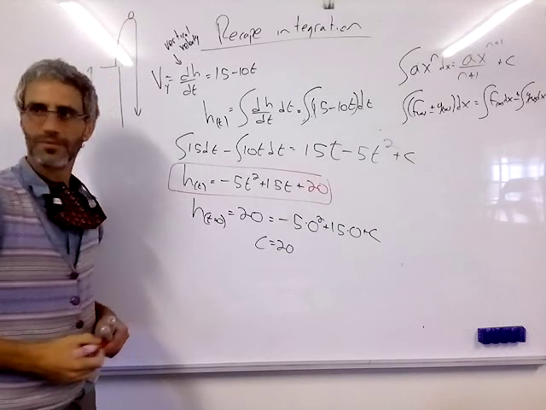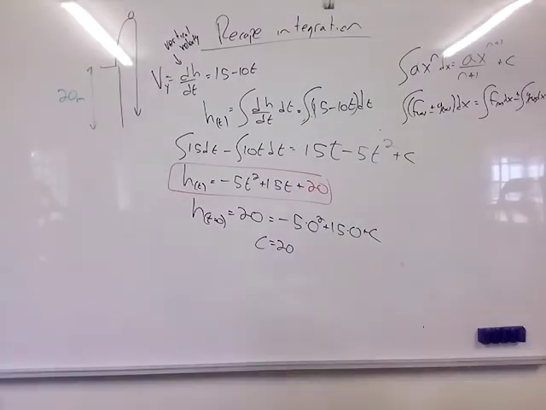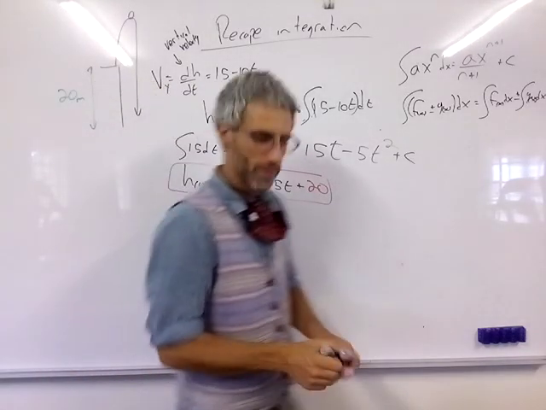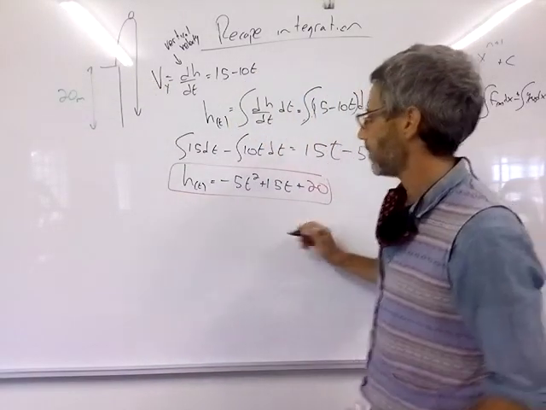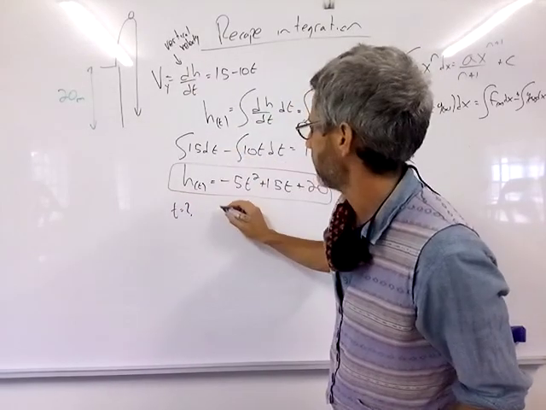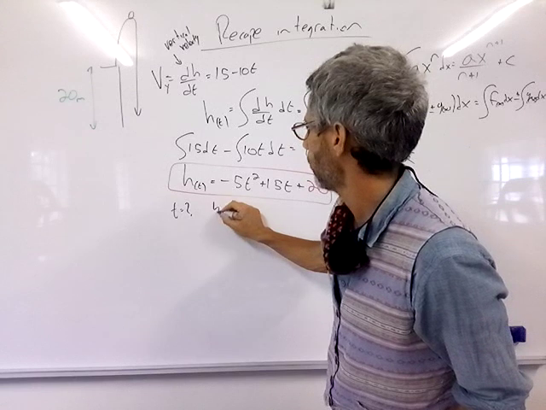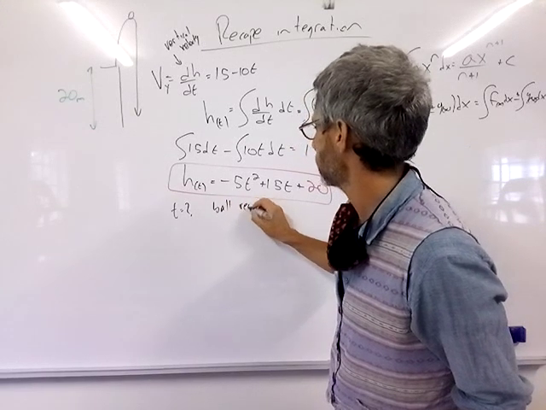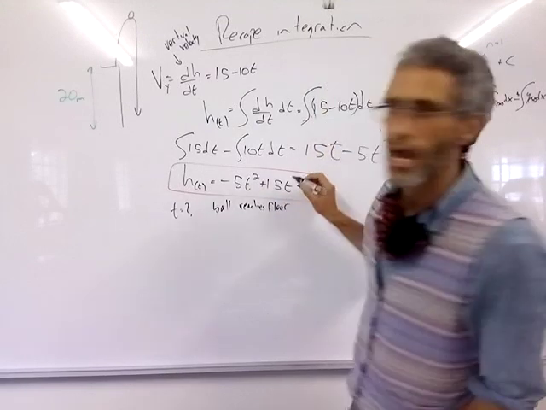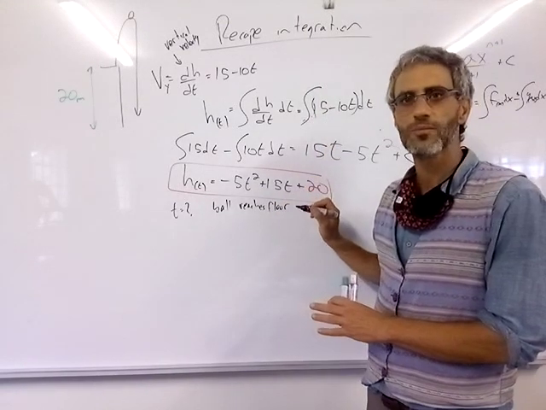Okay? I'll just pause here for a second. So the last question, which is not so much to do with calculus, but we might as well do it because it's a good experience. They're asking us for which time the ball reaches the floor. And we've got to use this equation.